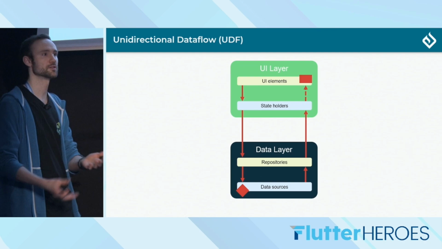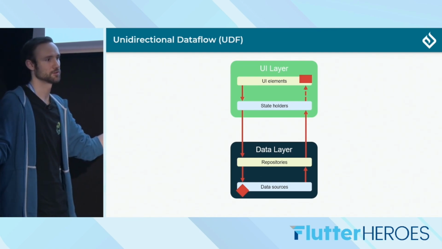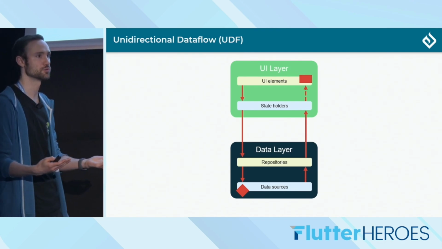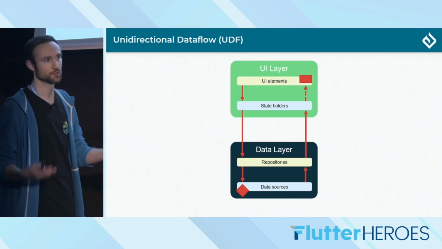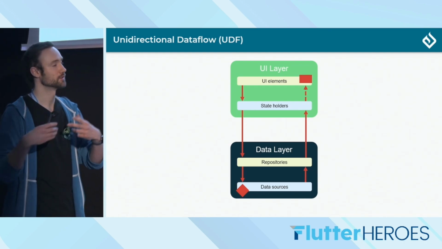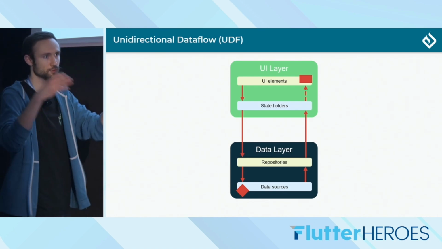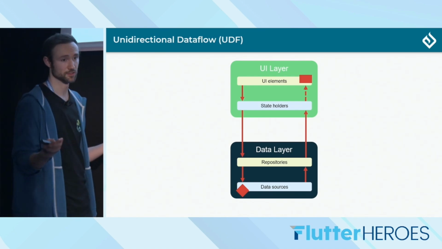When it has a new state, it puts the state inside the stream, then anyone who wants can listen to that. In our case, it's the UI. But the UI can just listen to the stream, and whenever there's something new, it can take this new element and display it. So the UI doesn't have to poll the Cubit every 5 seconds, like, do you have something new, do you have something new, and so on. It just listens to the stream, and that's it.